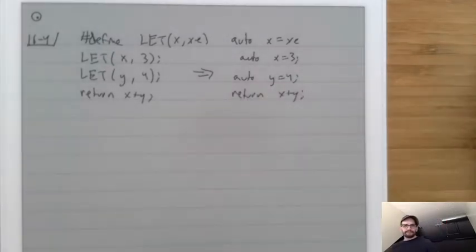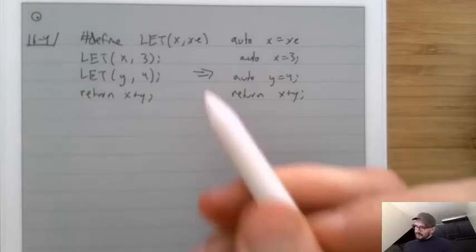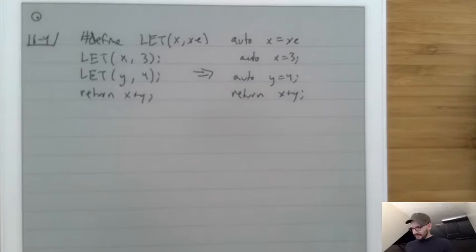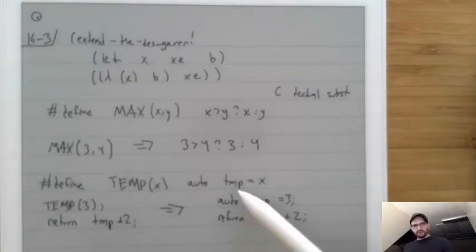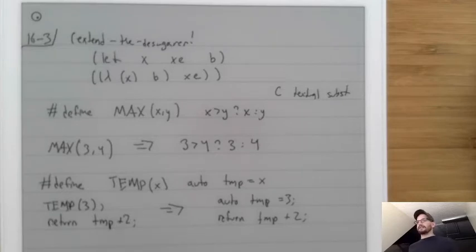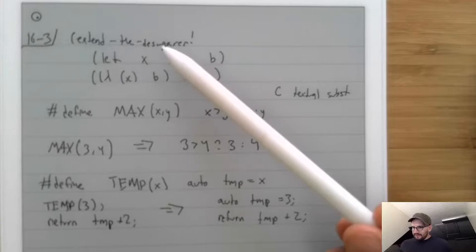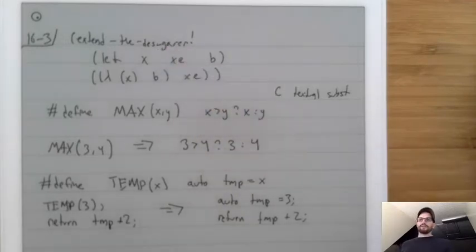Okay? So these are all things that you can do with C macros. And notice that C macros allow us to introduce names, they allow us to use names, and they allow us to do purely textual substitution like this. So there's some precedent for something like extending the desugarer.